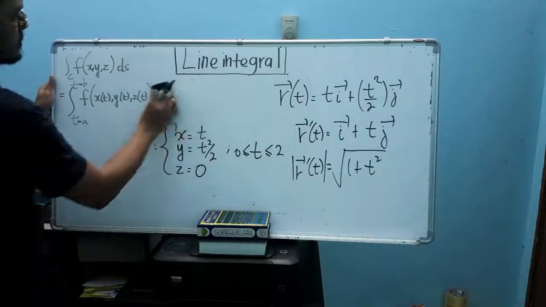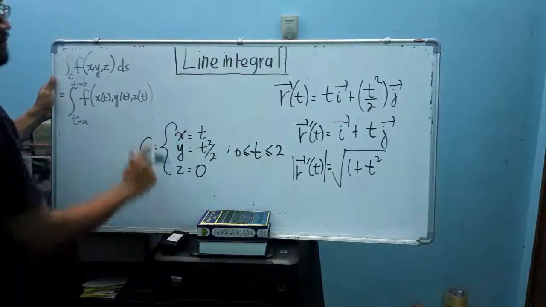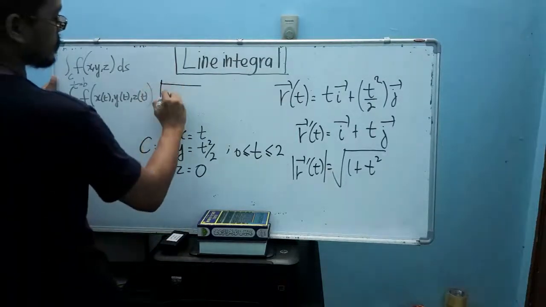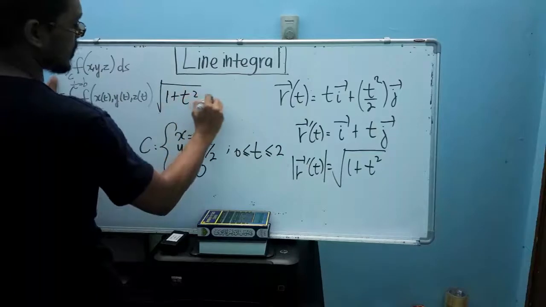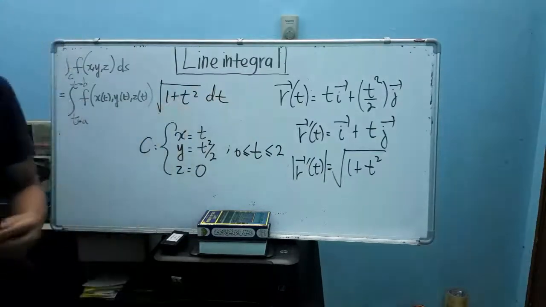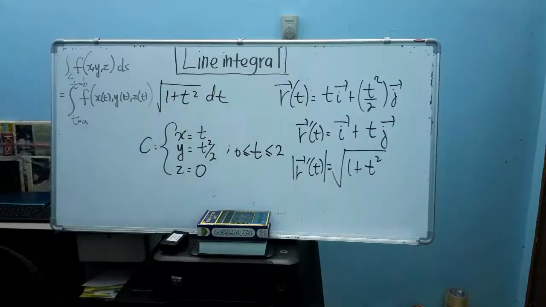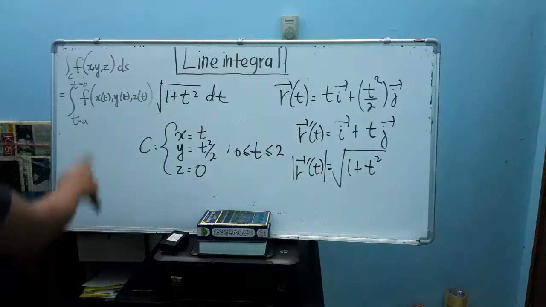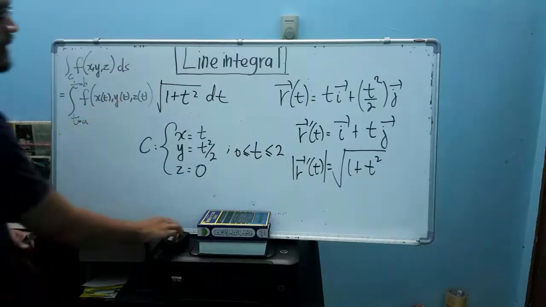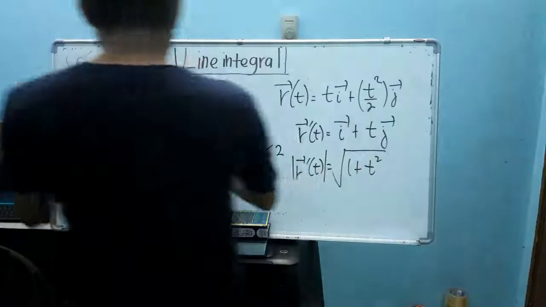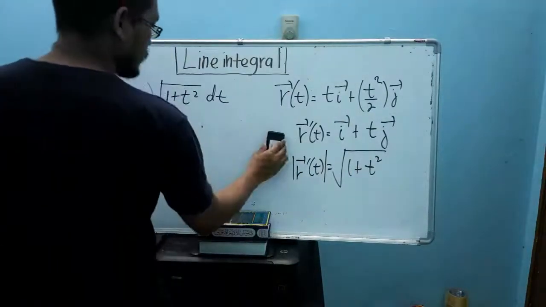Therefore, this part will become the square root of 1 plus t squared dt. Now you need to find f(x(t), y(t), z(t)). How to find this one?